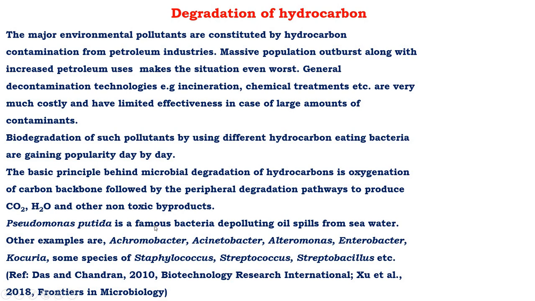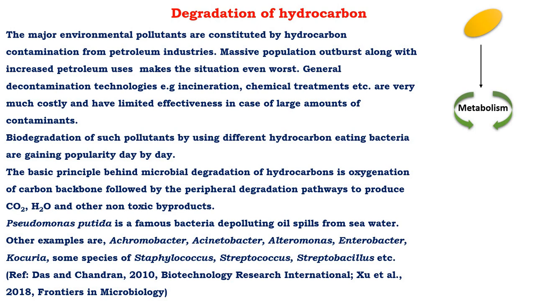There are several others, for example, Achromobacter, Acinetobacter, Alteromonas, Enterobacter, Coccuria, and some members of Staphylococcus, Streptococcus, Streptobacillus, etc. All are there. So how do they act? Actually, these bacteria, by their own metabolism, do nothing.